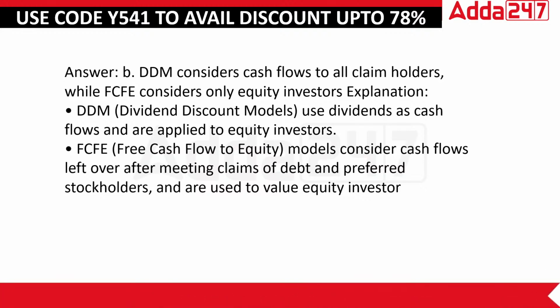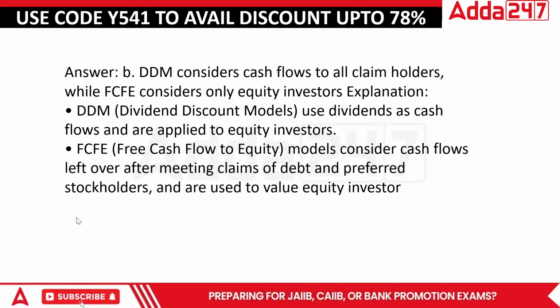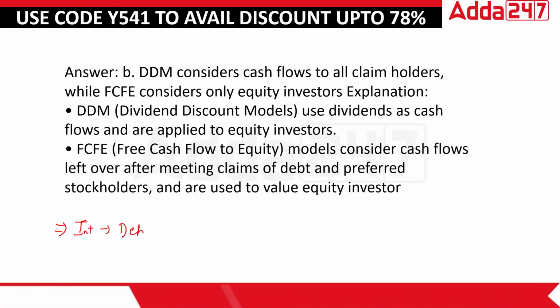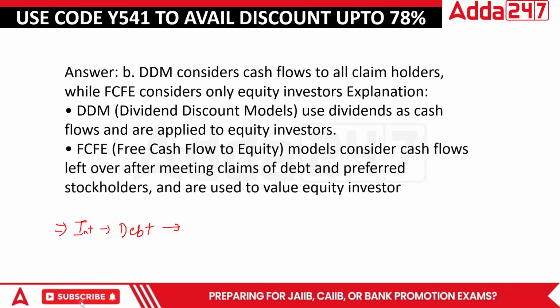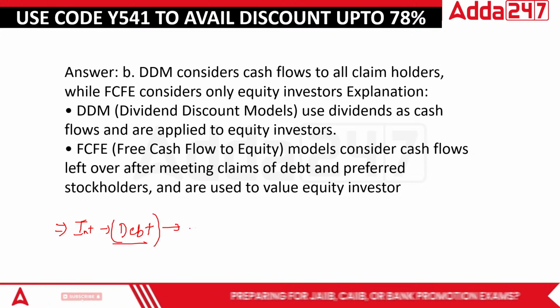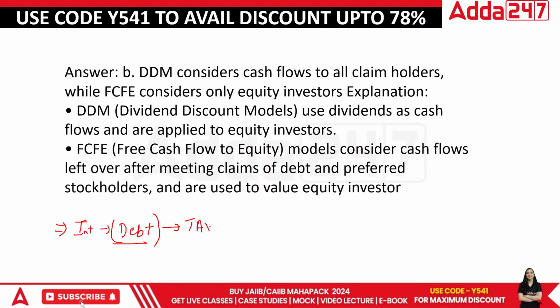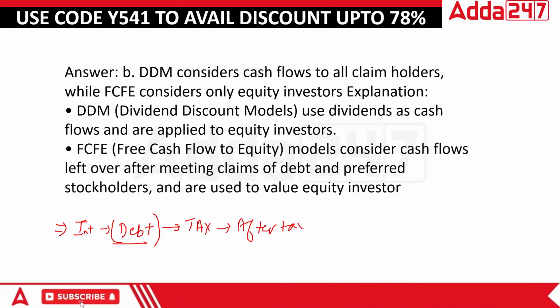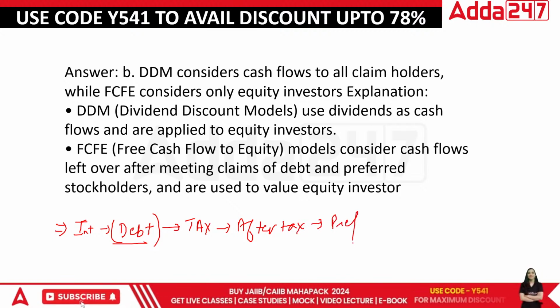The sequence is, first of all we pay interest, then we pay off our debts. This is for the debt, debt interest, then we pay the tax, then after tax whatever is left, then we pay to the preference shareholders as promised.